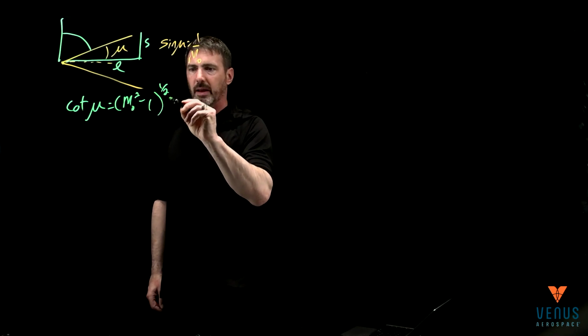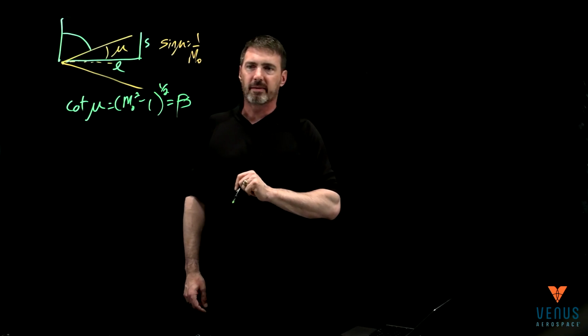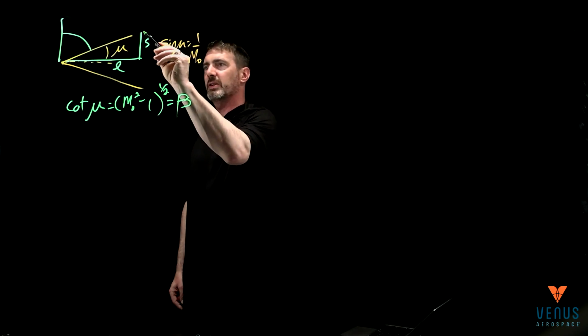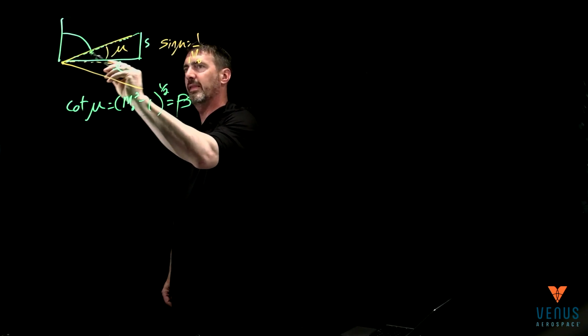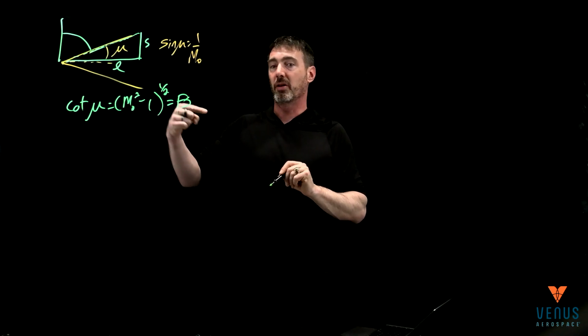We're going to define that as beta, such that in a vehicle here, think of a delta wing vehicle that is that big, you actually see that the shock is now sitting on the wing.